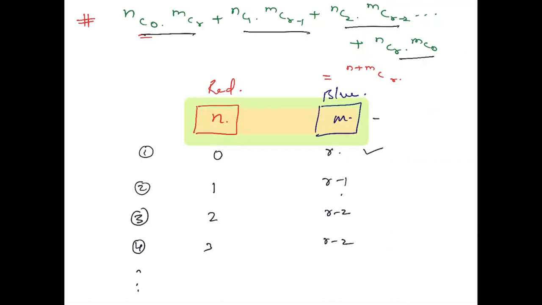So how many students are there? The total number of students now is m plus n. And out of this m plus n, how many do we require? We require r. So in other words, I can say m plus n C r, and this was the answer. So with a single thought process, we can solve this, right?